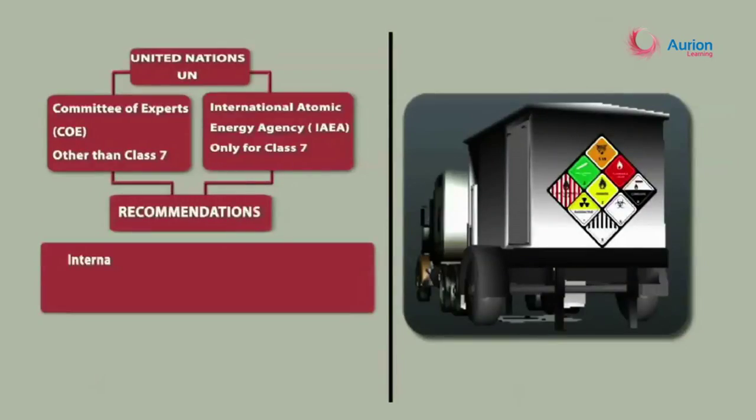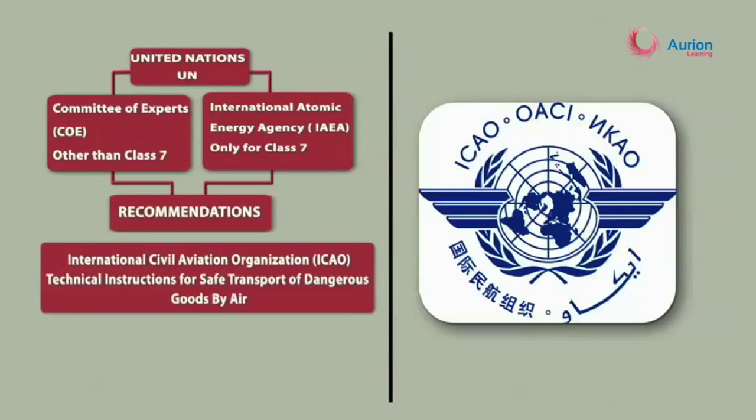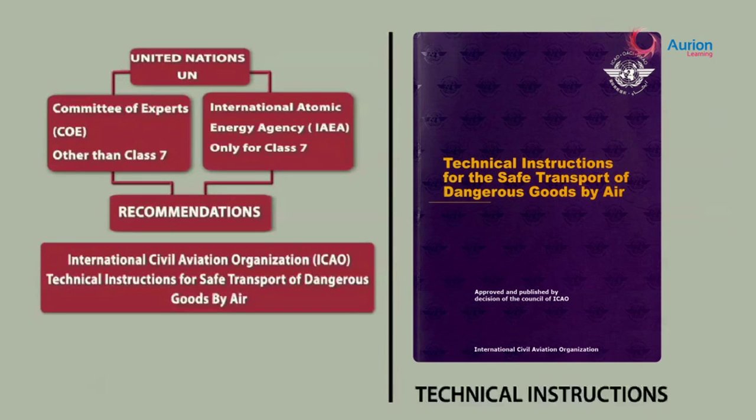Based on the recommendations of these 2 committees, ICAO published the Technical Instructions along with Annex 18 to the Chicago Convention, which is the basis of all regulations for the safe transport of dangerous goods by air.